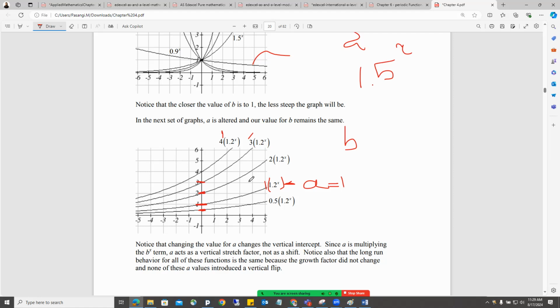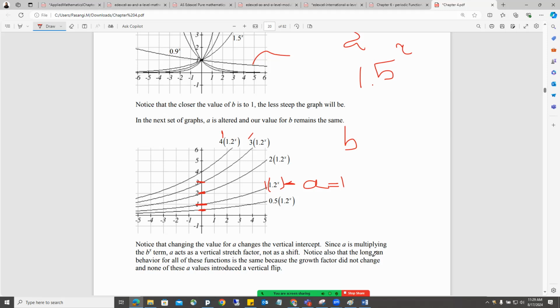Notice that a change in the value of a changes the vertical intercept. Since a is multiplying the b to the power of x term, a acts as a vertical stretch factor, not as a shift.